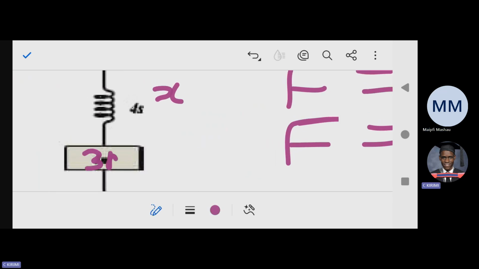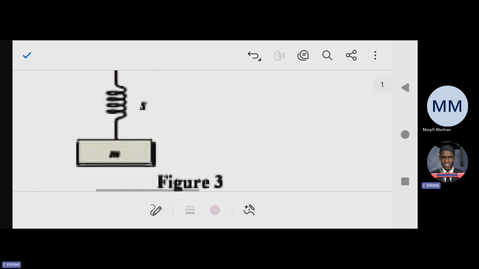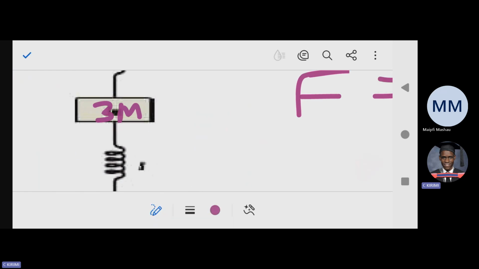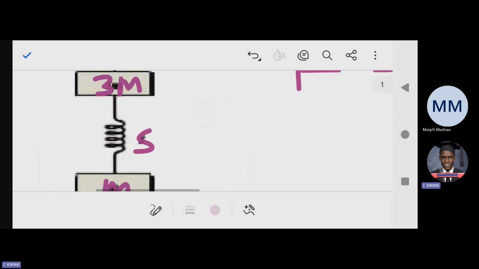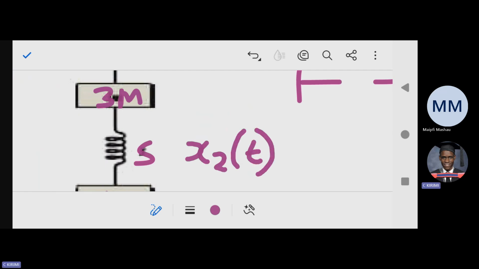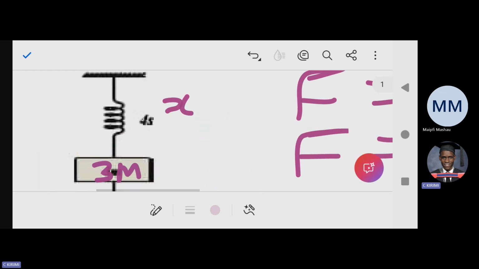So this is 3M, and then this is the 2, the M. The S which they are referring to, we said let the displacement from this mass be x2 of t. In this region, x2 of t is the displacement, how far the spring is going to move, and then this one will be x1 of t.